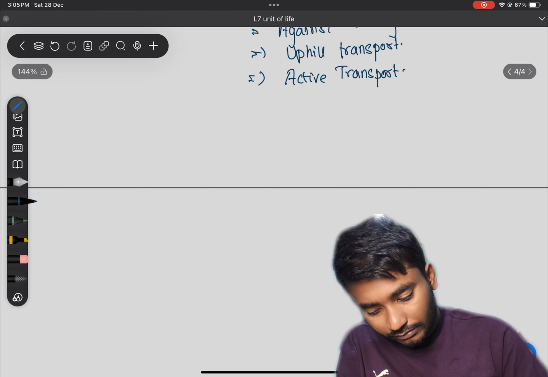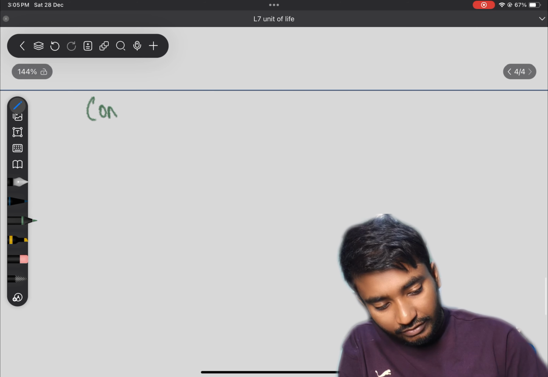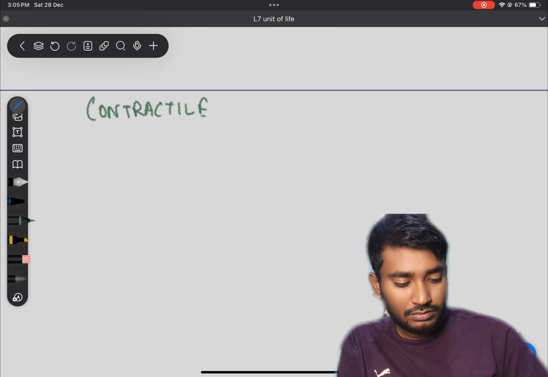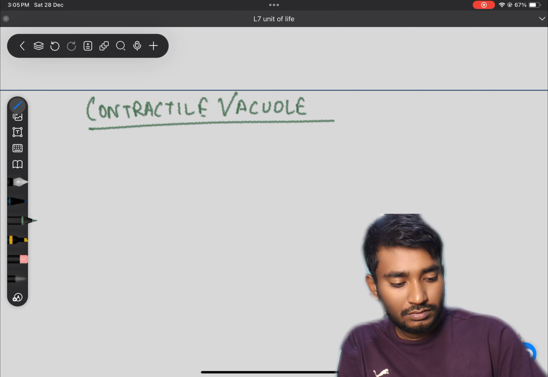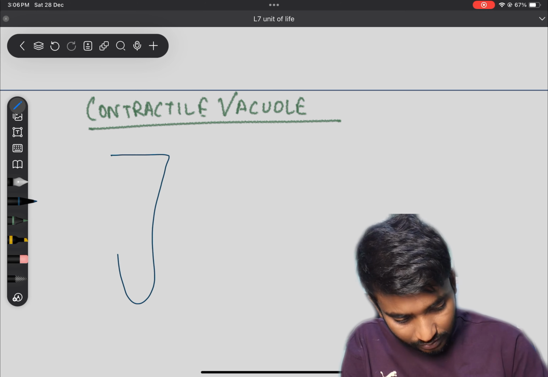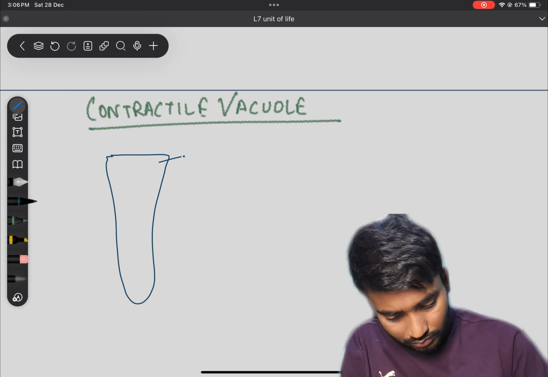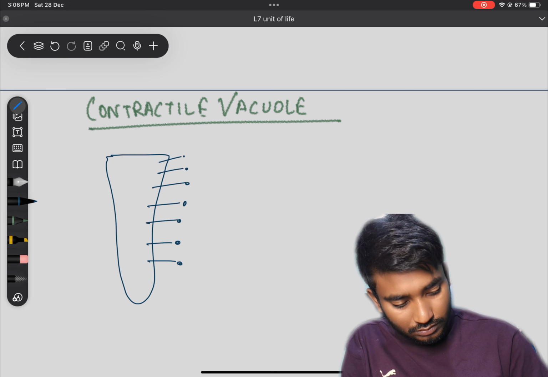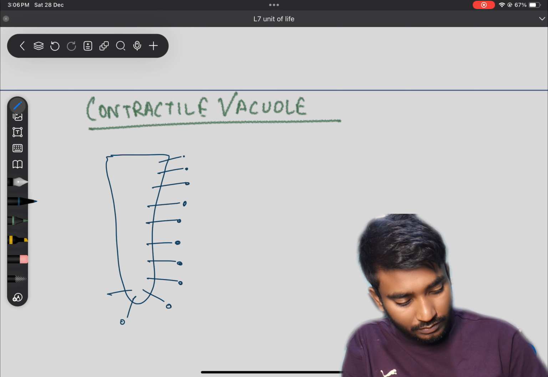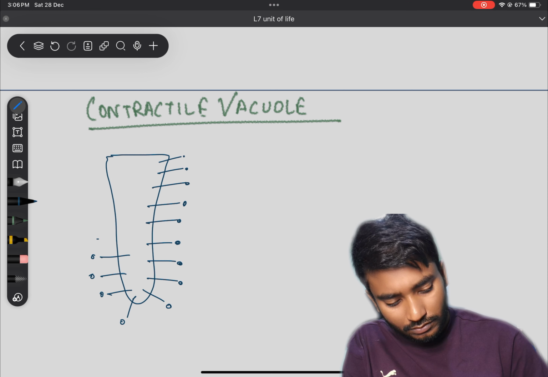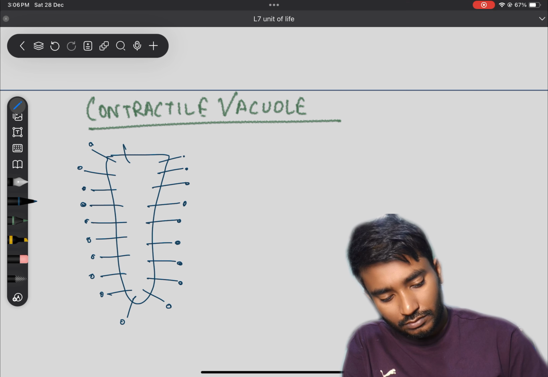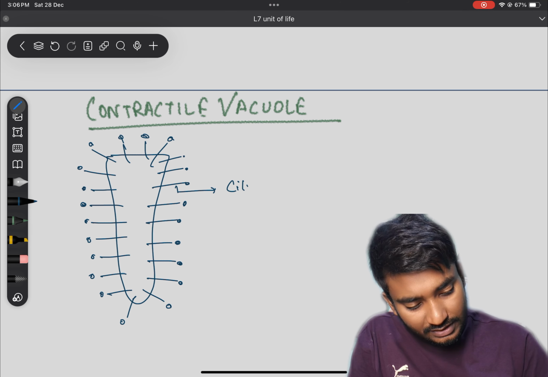Now we come to the contractile vacuole. Here is a contractile vacuole, and these are the cilia.